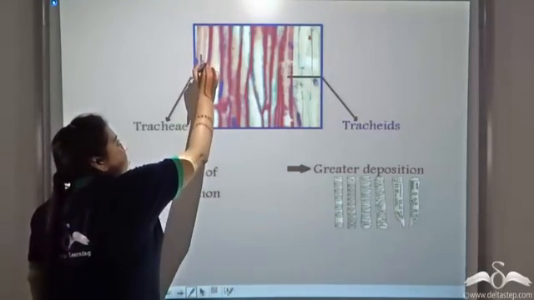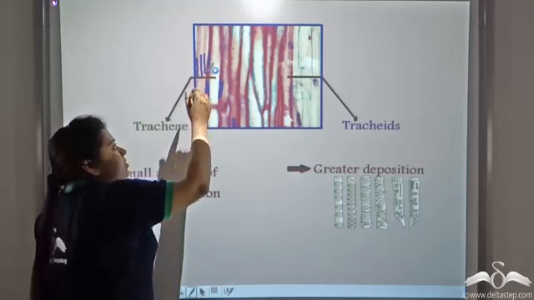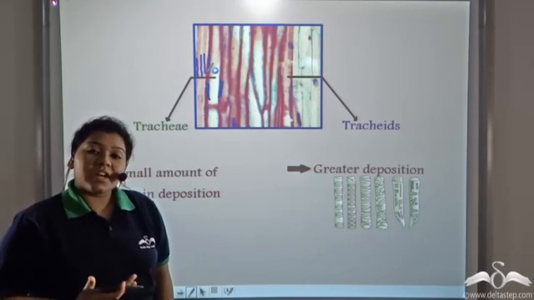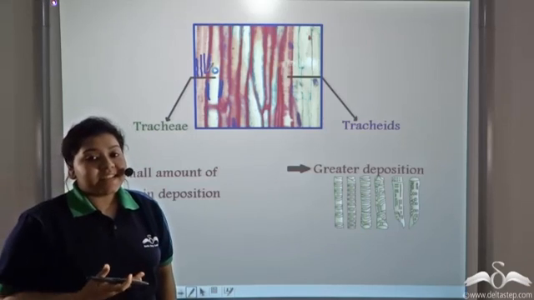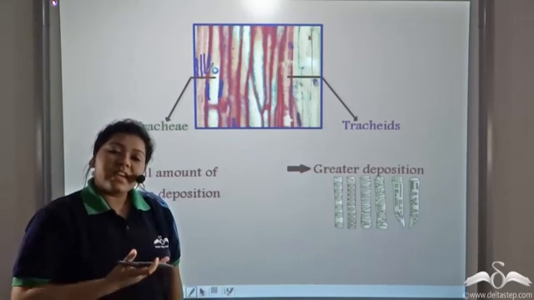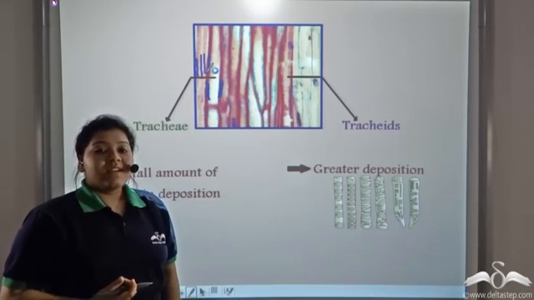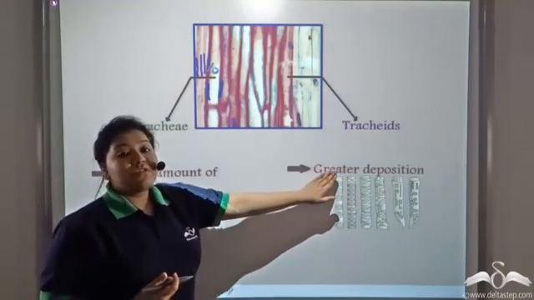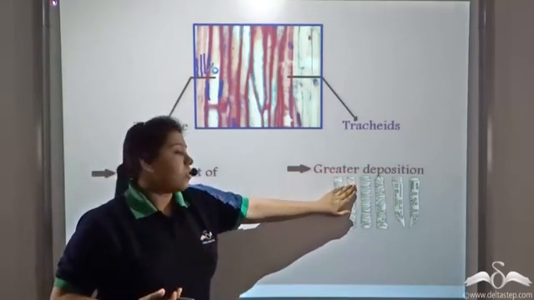See, they are thicker cell walls because of greater deposition of lignin in the tracheids. And this lignin deposition is very irregular in nature, and that causes the formation of various patterns on the cell wall.